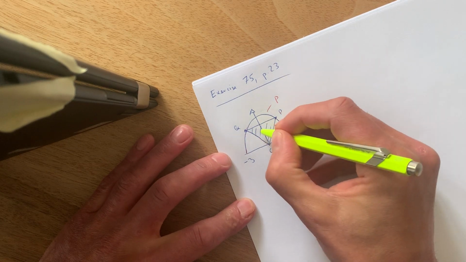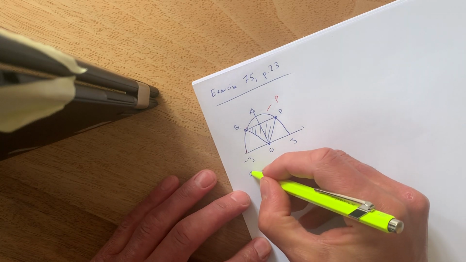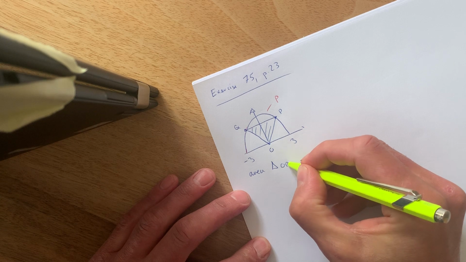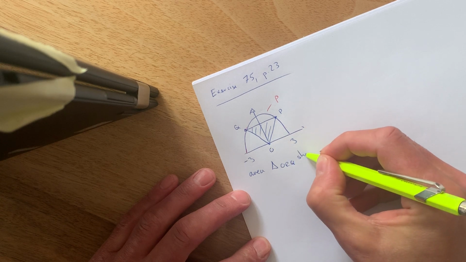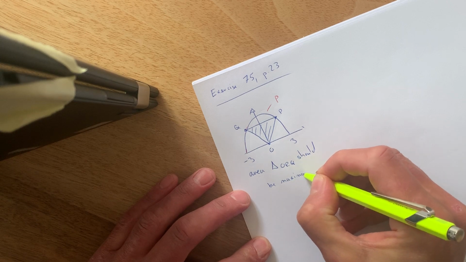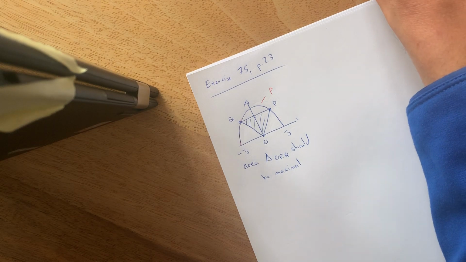And what do we want? We want the area of triangle OPQ to be maximal. Of course, this means that we are still dealing with optimization.